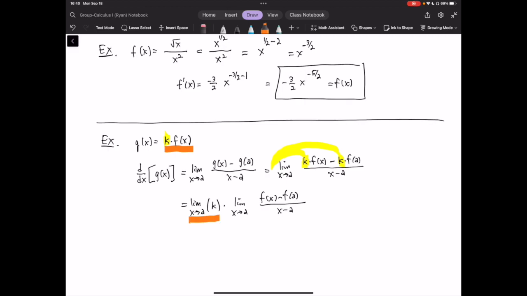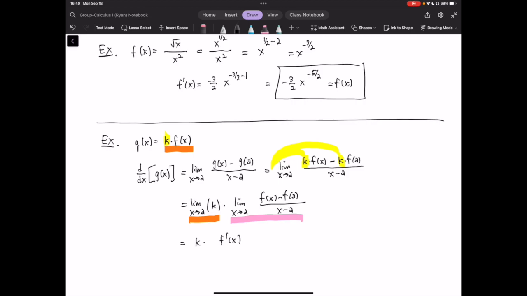That's the constant, right? The limit as x approaches a of f of x minus f of a over x minus a, well, as long as this function has a derivative that makes sense, this is the derivative of f, right? This part right here is f prime. So this ends up being k times f prime of x.